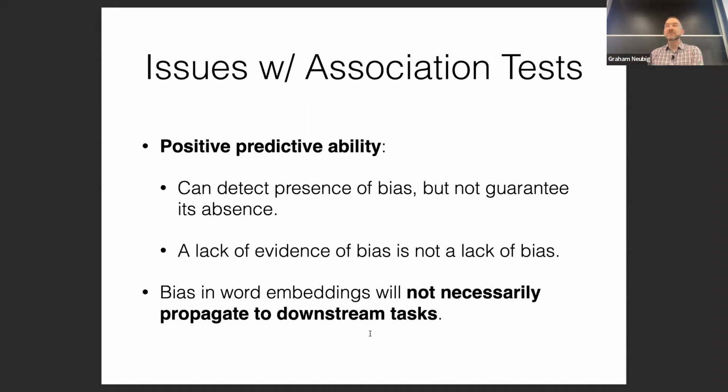Another issue is that even if you did detect bias in word embeddings, it's not necessarily the case that it would propagate to a downstream task. You might have a recommender system based on biased embeddings, but to give an extreme example, say you took the model and trained it to reverse the original bias.